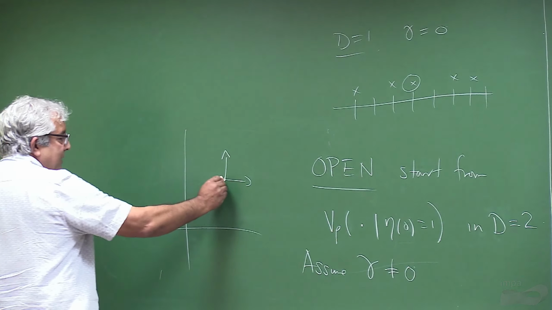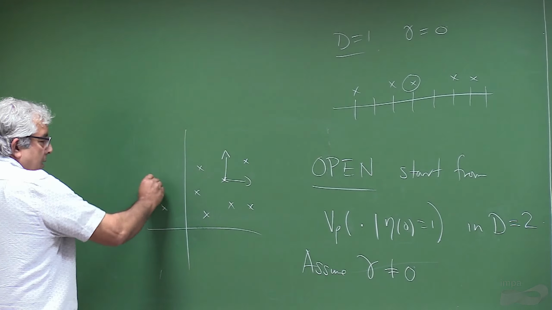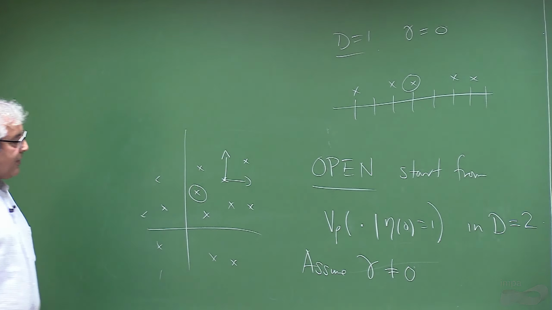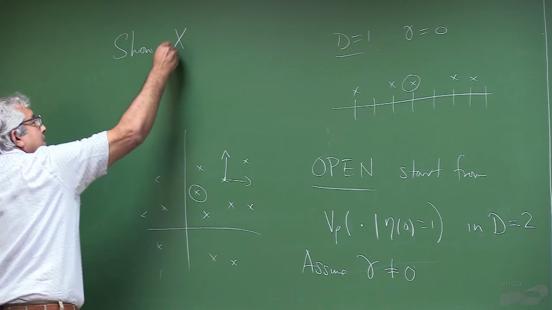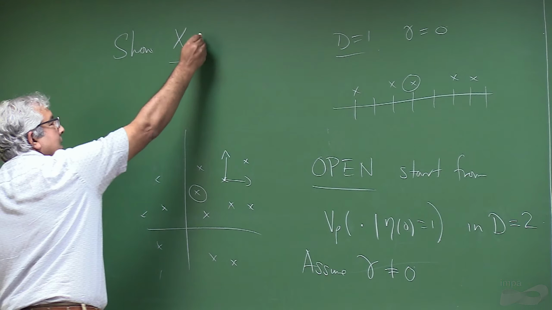So you have several particles, and you're looking at the tagged particle. The problem is to show even just a one-time central limit theorem.